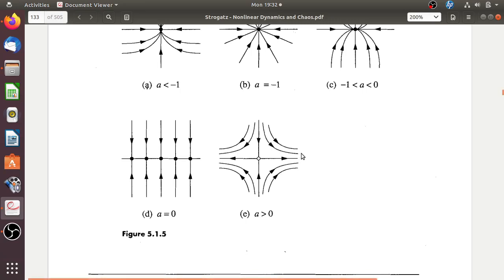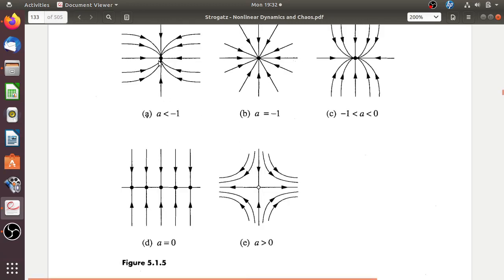The same goes for the other side, but when x naught is negative, it's going towards -infinity. This is the behavior when A is positive.